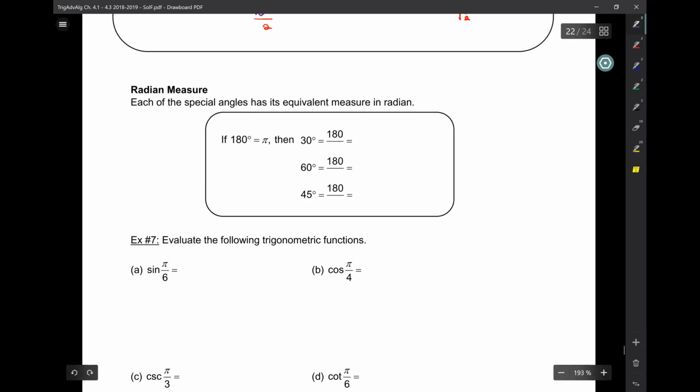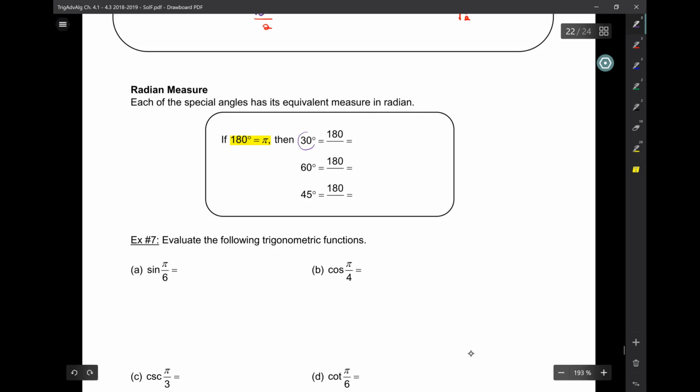I've touched on this before. We know how to convert to radians, but then there are these special angles, the 30, the 60, and the 45. Do you remember 180 is pi? So then 30 degrees, how much is that in radians? I don't want you to have to do it with conversion factors all the time. Wait, wouldn't that be pi over 180?